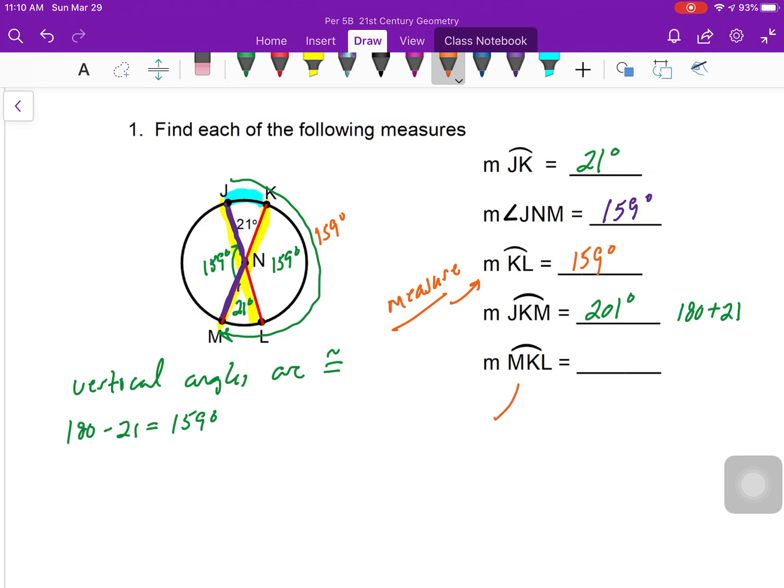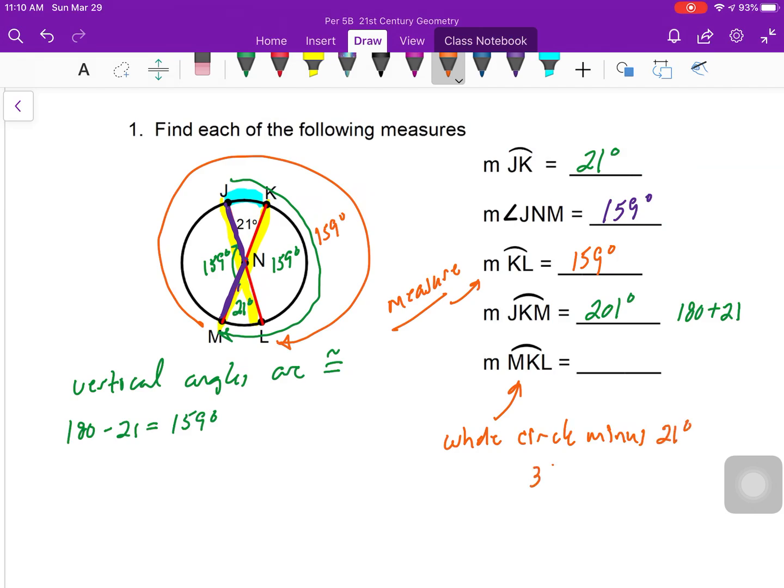M to K to L is almost the whole circle. M to K to L would be the whole circle minus the 21 degrees.